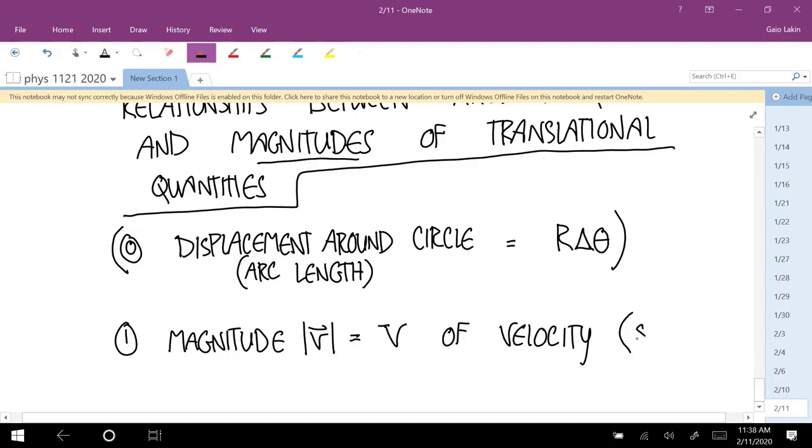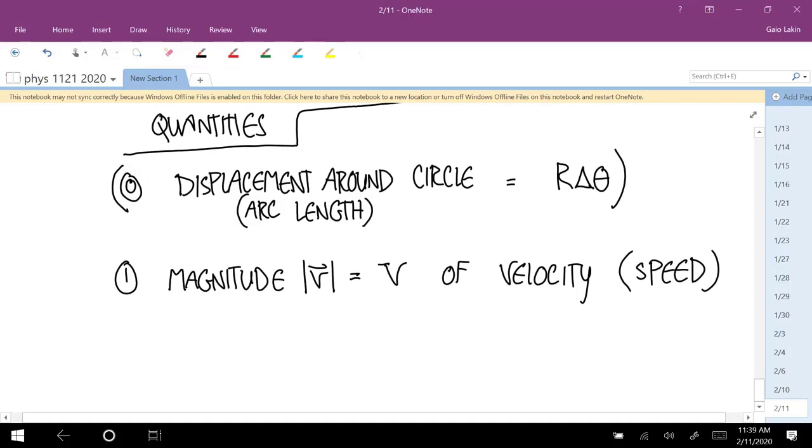Speed, yep. So capital V, or the magnitude of the velocity, those mean the same thing. And it's equal to the radius of the circle times the absolute value of the angular velocity.